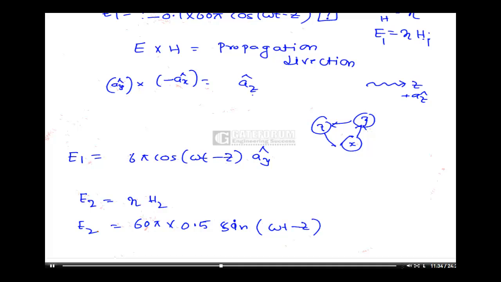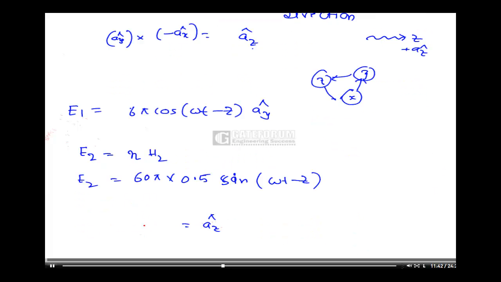Now, what is this component value? Since the propagation direction is az, H is given ay cap, because here amplitude is positive, so directly I am taking positive value. Ay cross what is E2, then I will get az. Obviously this is ax, then only I will get az positive. So this is ax cap.